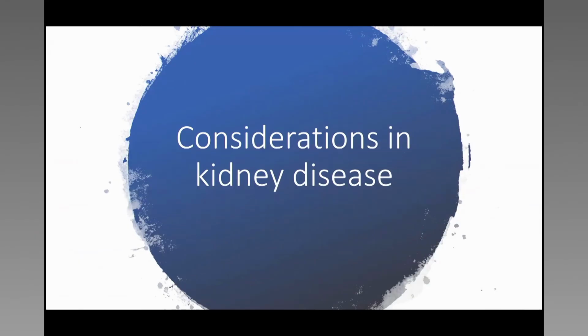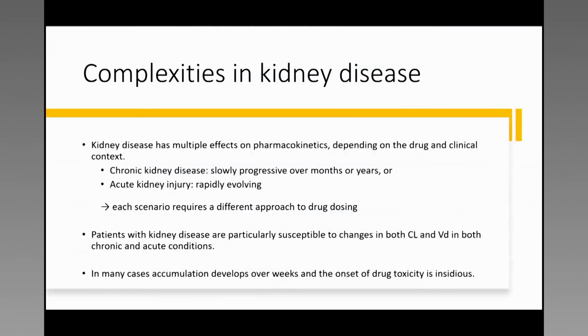So let's talk about some more general considerations in patients with kidney disease. Kidney disease, as I've already introduced, has multiple effects on the pharmacokinetics depending on the drug and the clinical context. The 2 groups are very different. Chronic kidney disease is a slowly progressive disease, sometimes over months, but more often over years. So what we're seeing physiologically is generally fairly stable.